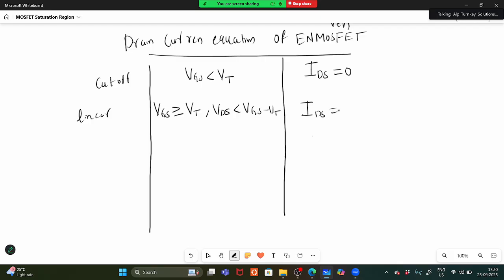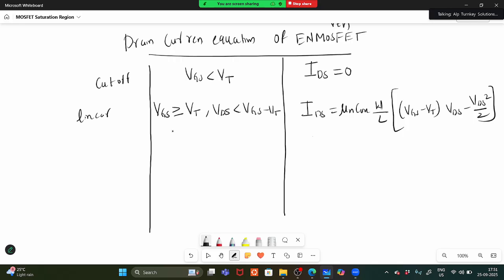IDS equal to mu n COX W by L, times VGS minus VT into VDS minus VDS square by 2.